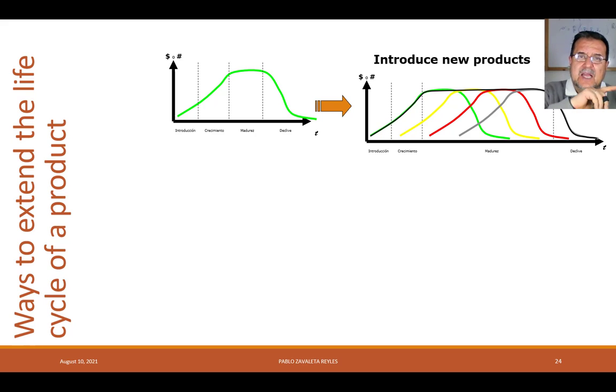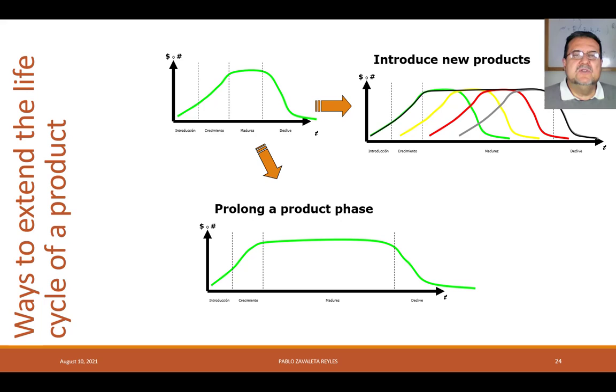And in that sense, we prolong our maturity for our product line. There are so many products where you see this behavior. For example, cell phones. Every single year they come up with a new model. But in essence, a cell phone is good for talking on the telephone, and that doesn't change so much.